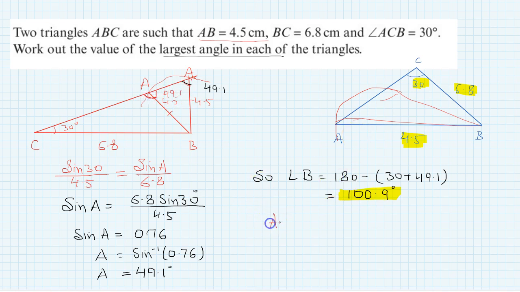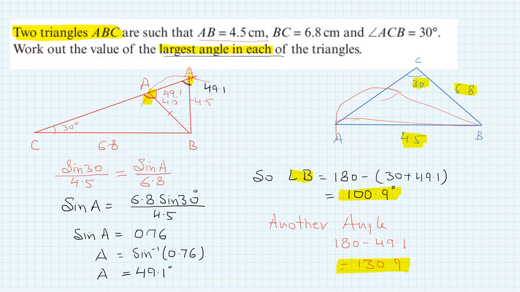So the other angle will be 180 minus 49.1. So the largest angle is, in case this is the largest angle, B, and here this is the largest angle in this triangle. So when such kind of questions are there, make sure you read the language carefully before you answer these questions.